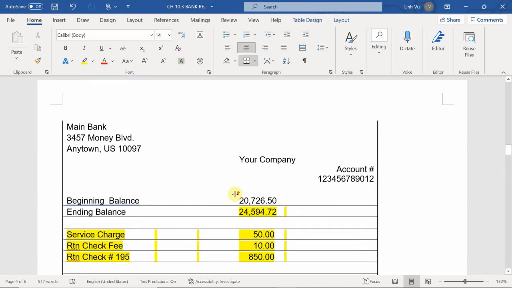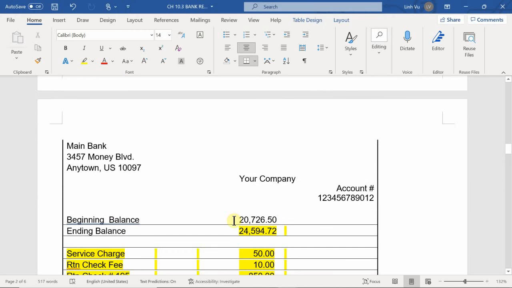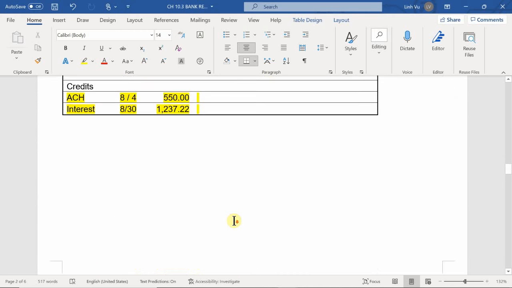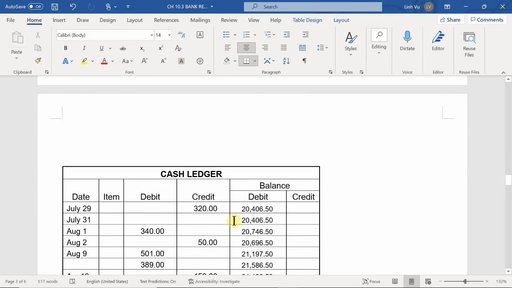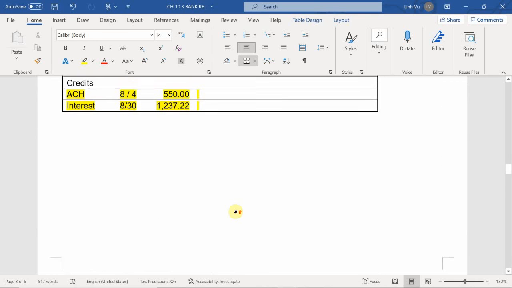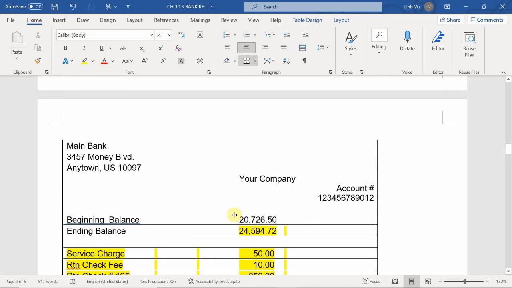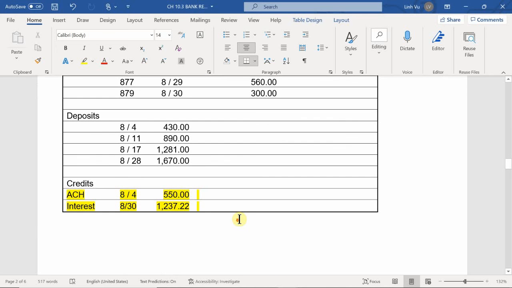Here I have 2720, minus the 320. If you add that, you would have 27,26.50. Yeah, that should be correct, right?